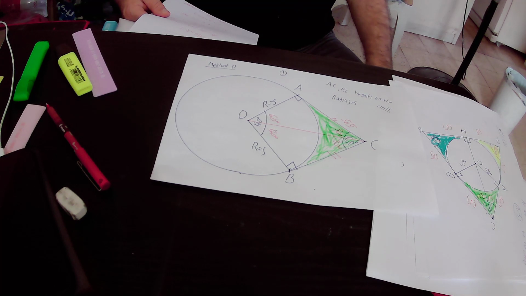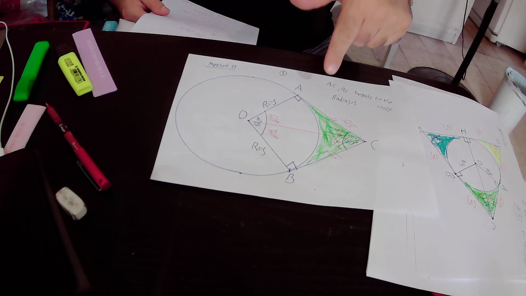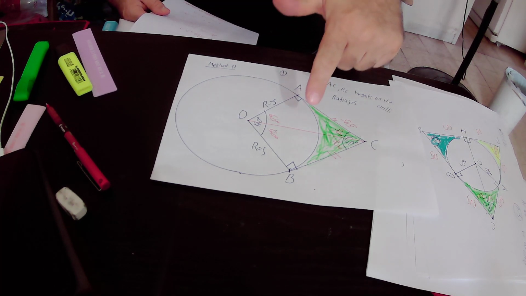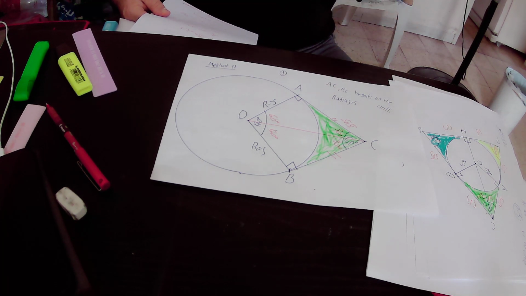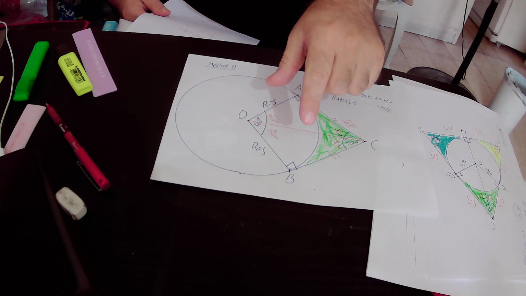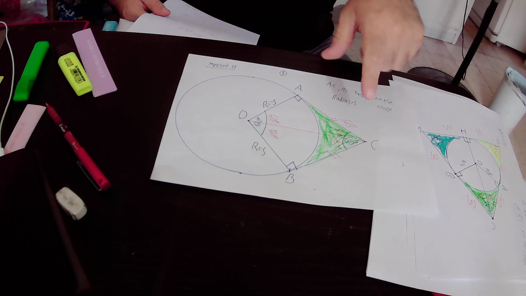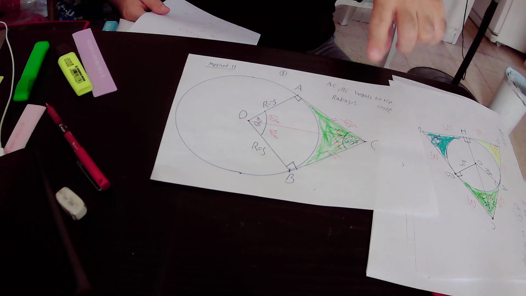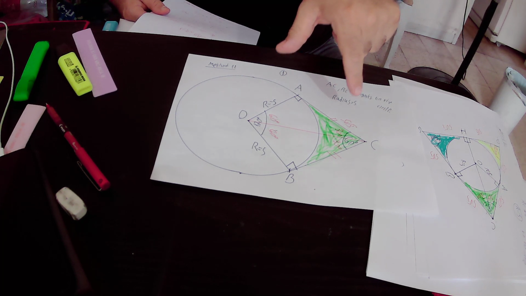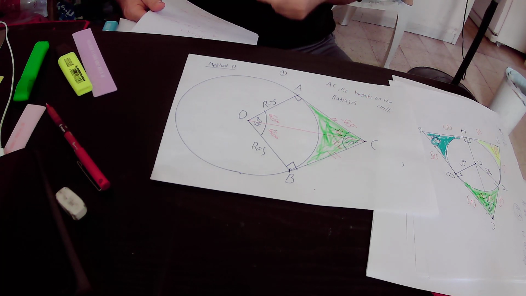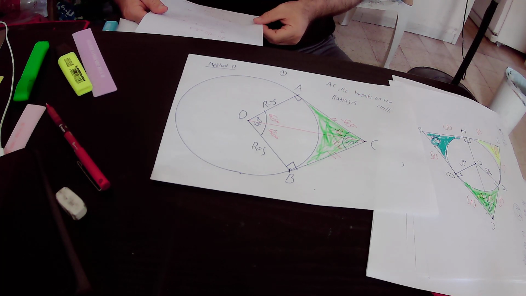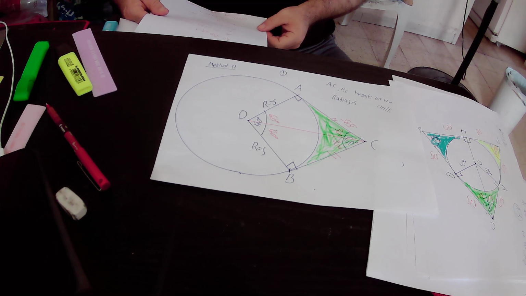Okay, so we focus on triangle AOC and triangle BOC. We know that AO equals BO, and we also know that AC equals BC according to the two tangents theorem, and OC is the common side, OC equals OC. Therefore, we actually proved that triangle AOC is congruent to triangle BOC.